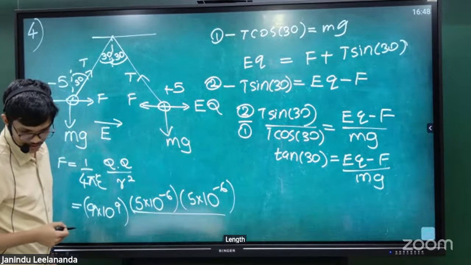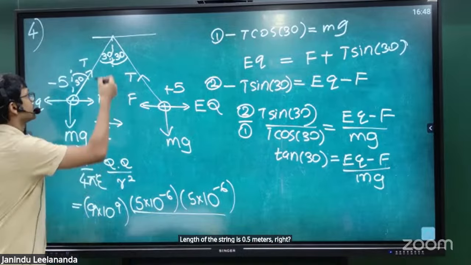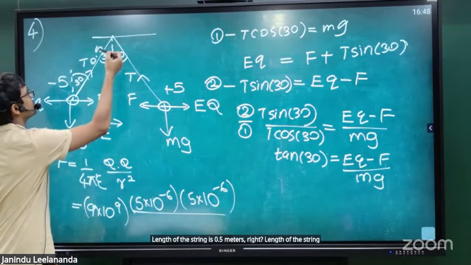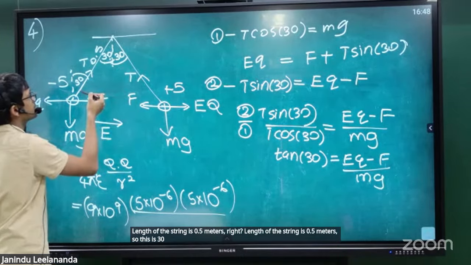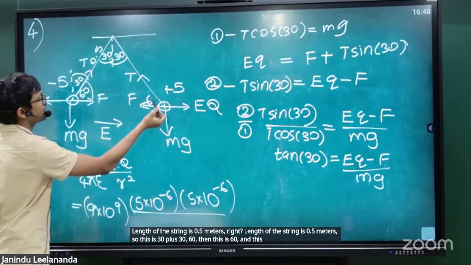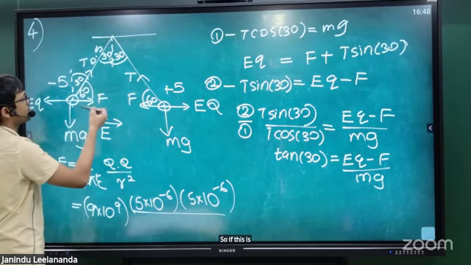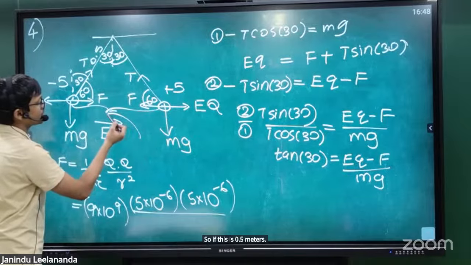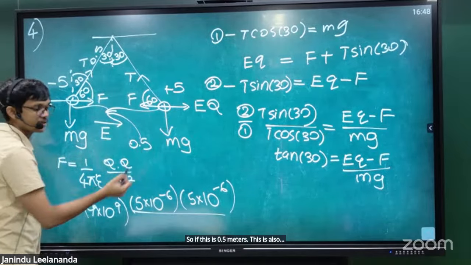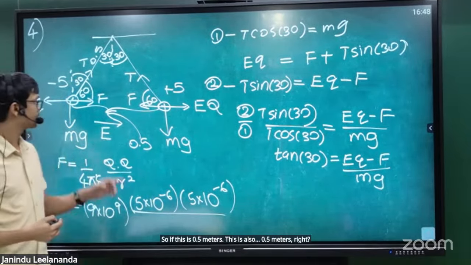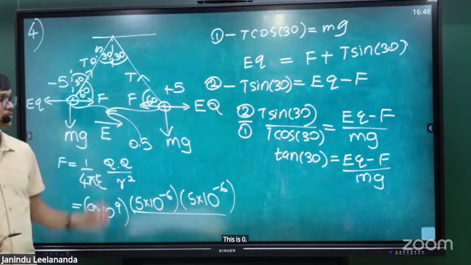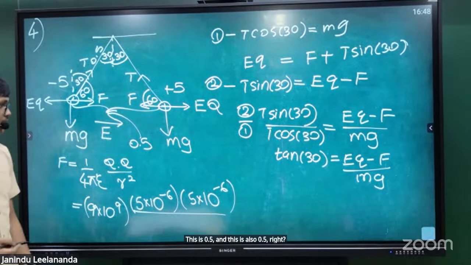Length of the string is 0.5 meters, right? So this is 30 plus 30, 60. Then this is 60 and this is 60. So if this is 0.5 meters, this is also 0.5 meters, right? Clear?